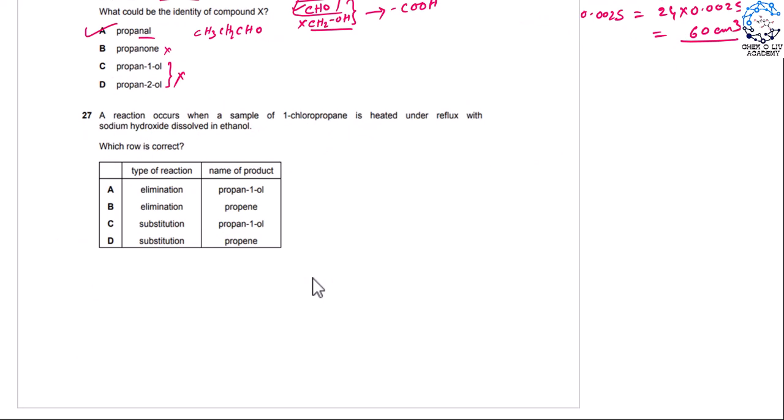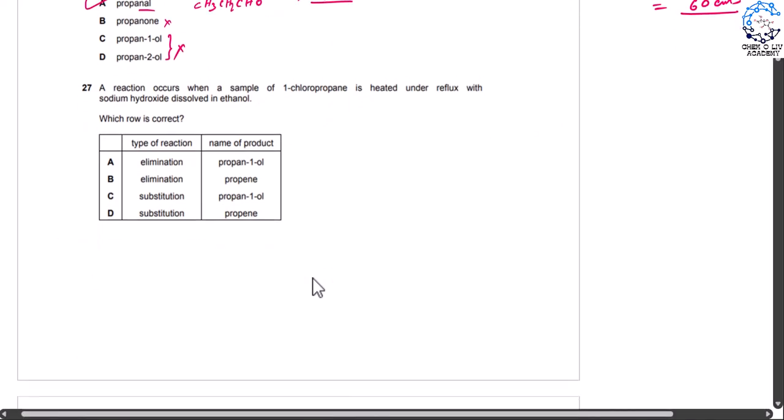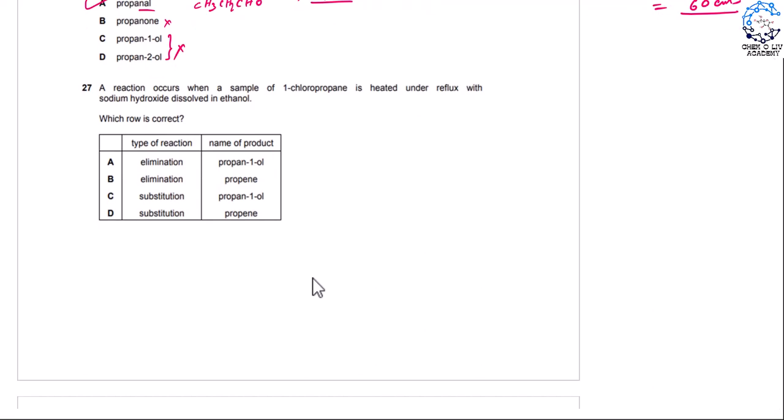A reaction occurs when a sample of 1-chloropropane is heated under reflux with sodium hydroxide in ethanol. So you have to see the reagent. What is the reagent? Sodium hydroxide in ethanol. It gives an elimination reaction.